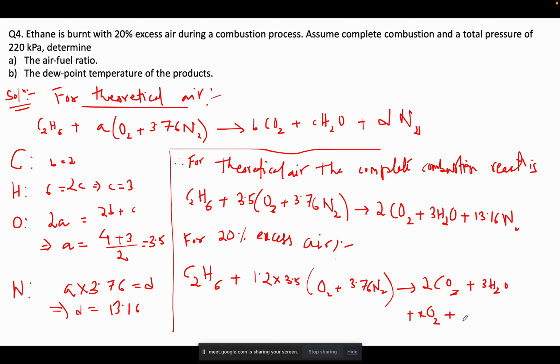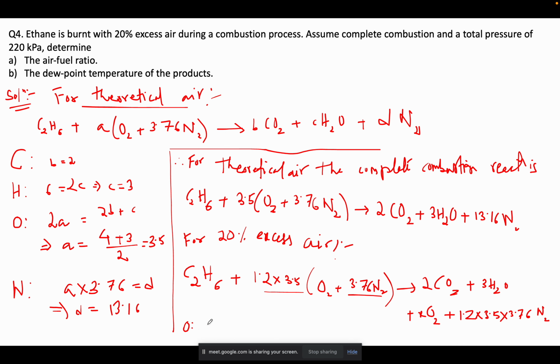And how many moles will be there for nitrogen? 1.2 into 3.5 into 3.76 N2.